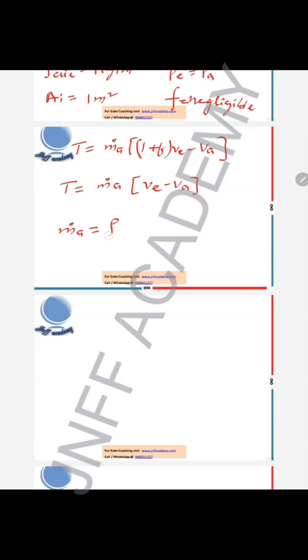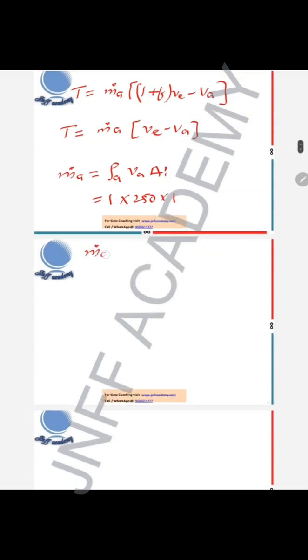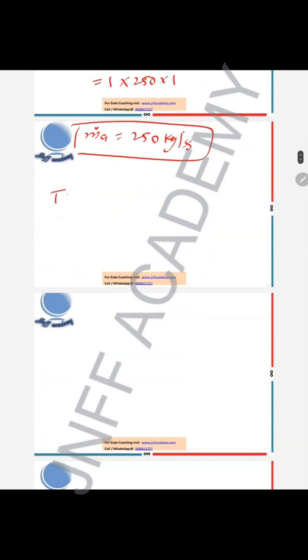m dot a is nothing but density of the air into speed of the flight into area at inlet. 1 into 250 into 1. So mass flow rate of air is 250 kg per second. Let us substitute and get the thrust. Thrust T is equal to 250, V exit is given as 550 meter per second minus 250 meter per second.